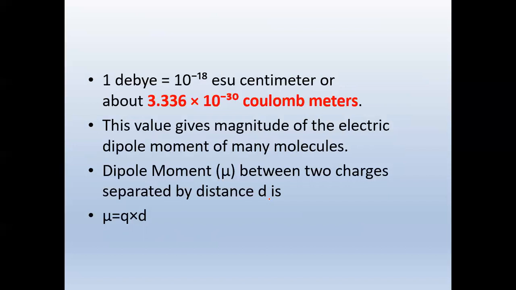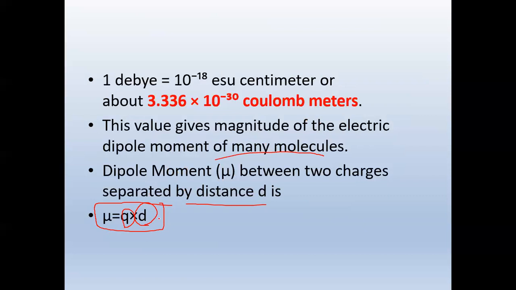For dipole moment between two opposite charges separated by distance d, mu can be written as q into d, where q is the charge. So the electric dipole moment of the molecule can be written as mu is equal to q into d.